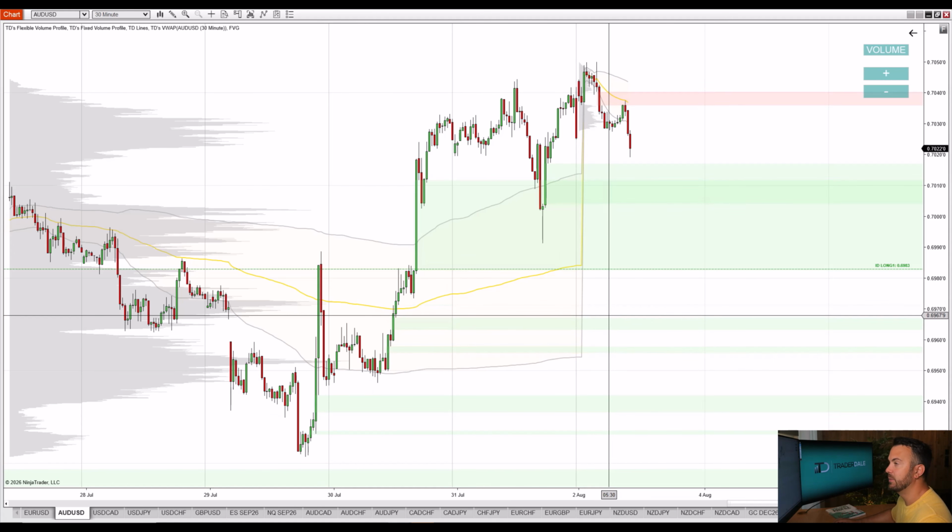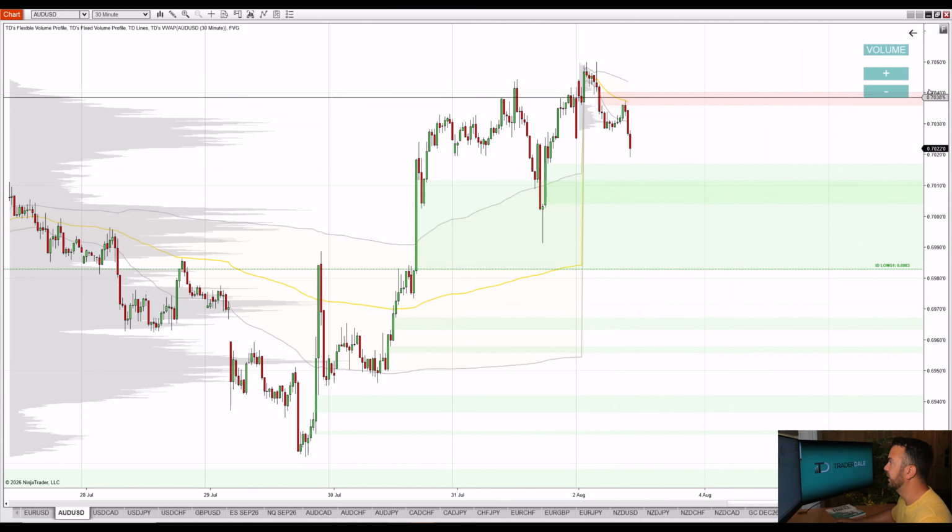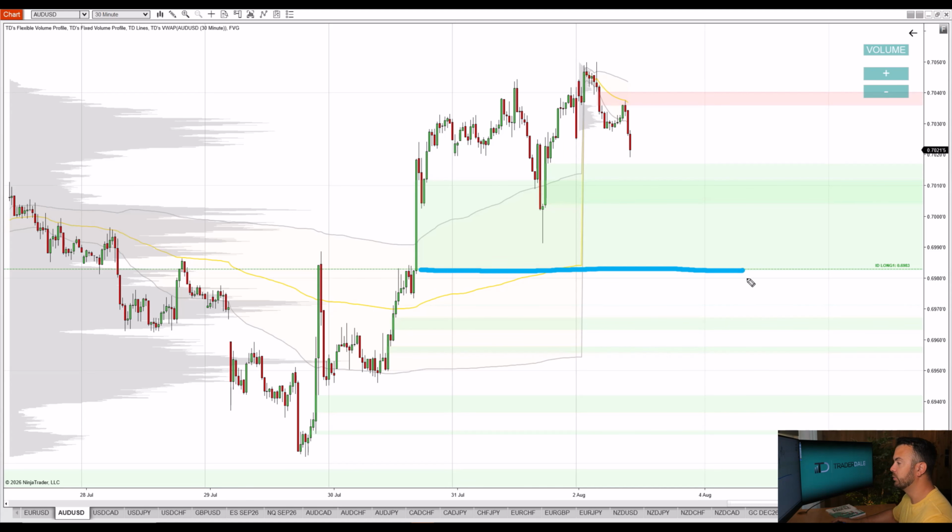So here is a 30-minute chart of the Australian dollar, US dollar, and I will talk about support, which is in here. It also formed on Friday, and this one is at 0.6983. By the way, we are still looking at the 30-minute time frame.